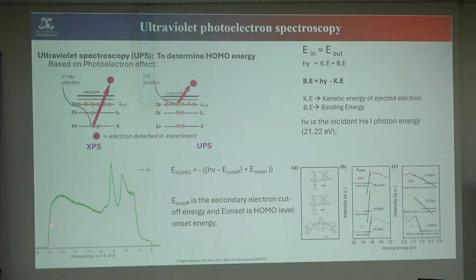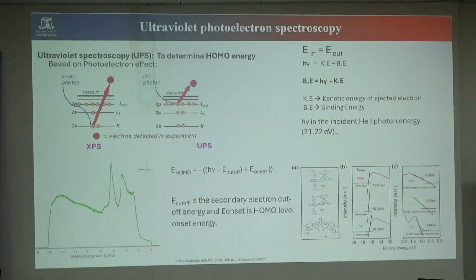This energy is called the Fermi energy, because you have the valence band, and at the top is the conduction band, LUMO. In between, the Fermi level will be there. So this cutoff electron shows what the Fermi level is. After that, it shows again at the end point, here around 0. This point shows the HOMO level.